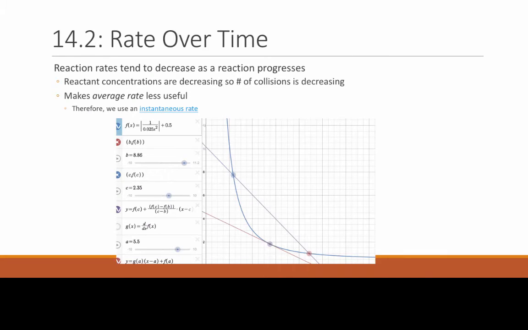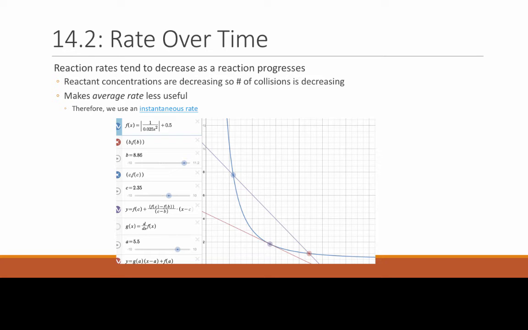From this data, what we can take away is that reaction rates tend to decrease as a reaction progresses. Considering this in terms of collision theory, it makes sense since reactant concentrations are decreasing, the number of available reactant molecules to collide is decreasing. Therefore, we have fewer collisions and fewer effective collisions.